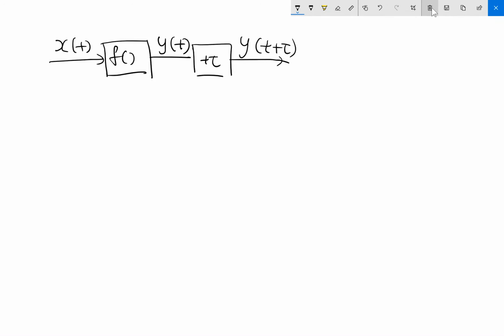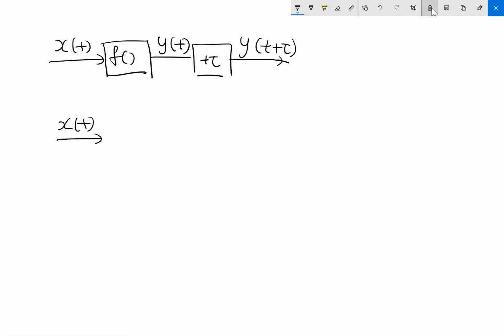Then we create another signal by first time shifting the input, and then use the shifted input to go through the system we want to examine.